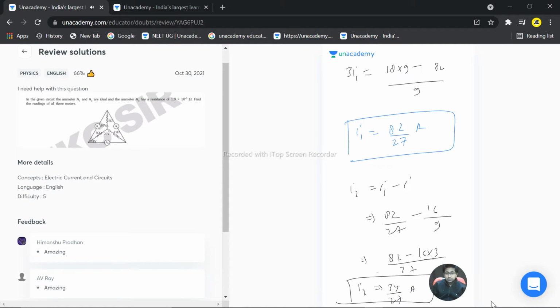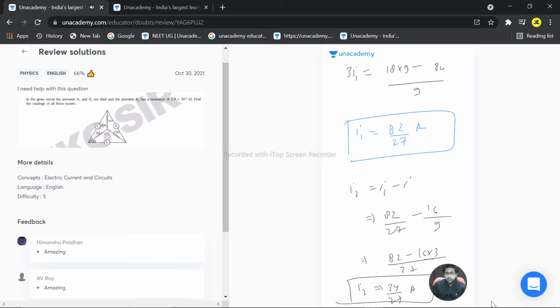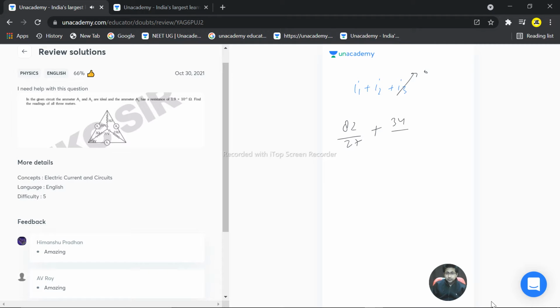I1 is 82 by 27 plus I2 is 34 by 27. So how much is this? It is 116 divided by 27. So we can write this as 2 into 58 by 27.